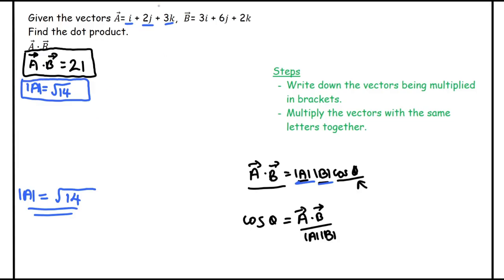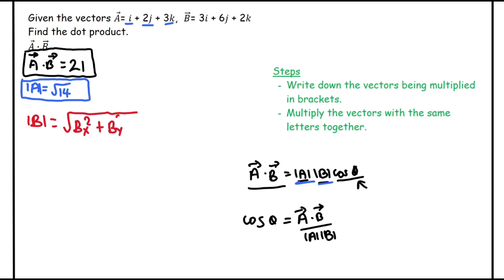Let's find the magnitude of B. The magnitude of B is equal to, same formula, the square root of the x component squared plus the y component squared plus the z component squared.